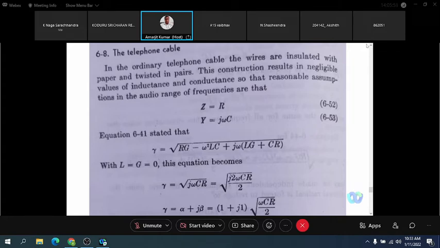So Z is nearly equal to R. And shunt admittance per unit length of the transmission line, Y is equal to G plus j omega C.